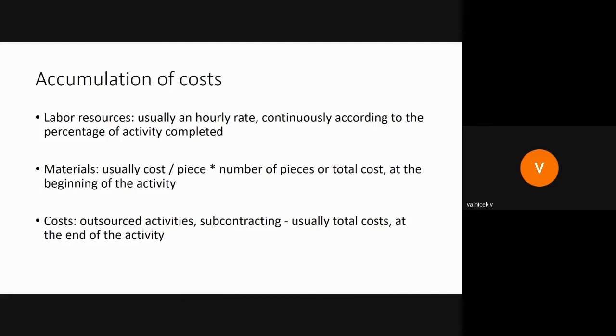So, for example, the indirect costs of the Faculty of Applied Sciences are more or less 20%. But the indirect costs of the Faculty of Economics are 60%.